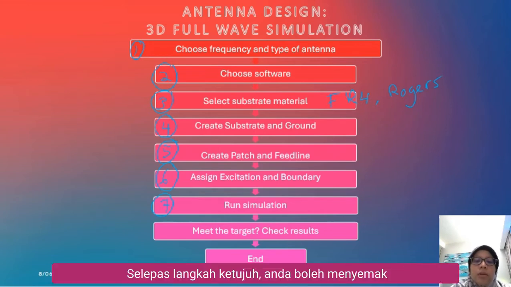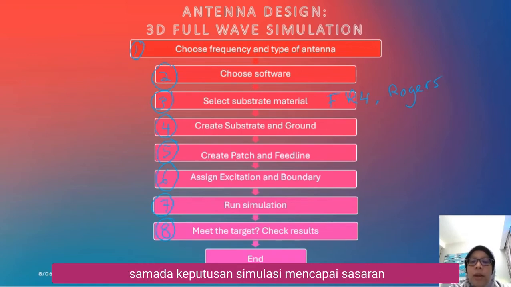After you run the simulation, you can check whether your antenna simulation has met the target or not. So you need to check the result, whether it meets, whether you designed a good antenna or not.